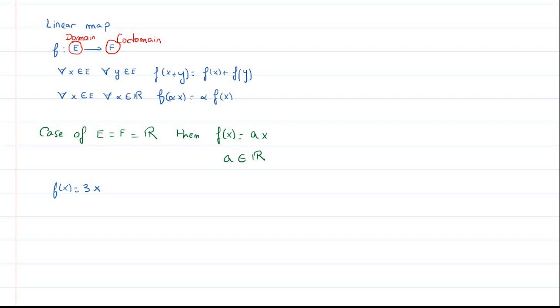So, if we visualize the axis of the real numbers, calculating the images of all the real numbers will be like multiplying all of them by 3. The image of the segment [0, 1], for instance, will be the segment [0, 3]. So the linear map f of x equals 3x applied to the real axis will be like applying a zoom of factor 3 to this axis.